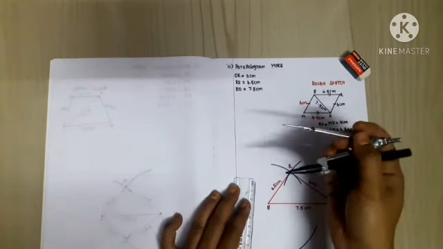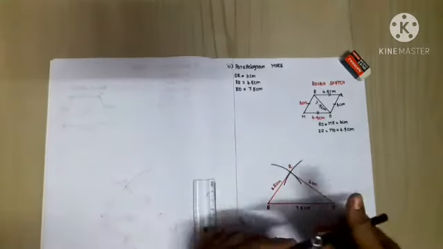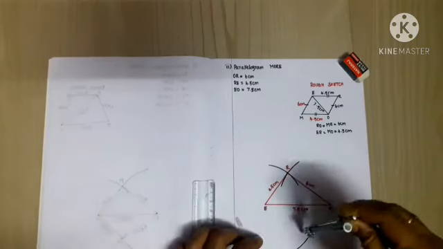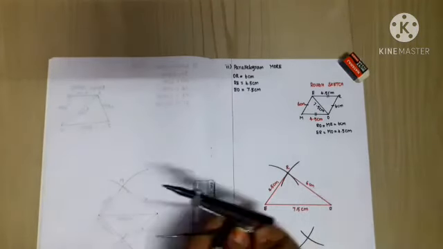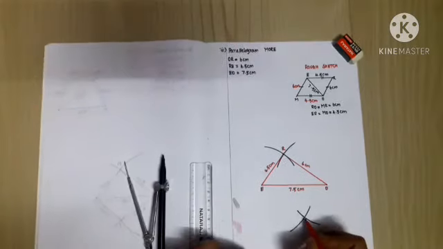Fix the needle at O. Draw another arc which cuts the previous arc at one point. The intersection of the two arcs makes one point. That point is called M.